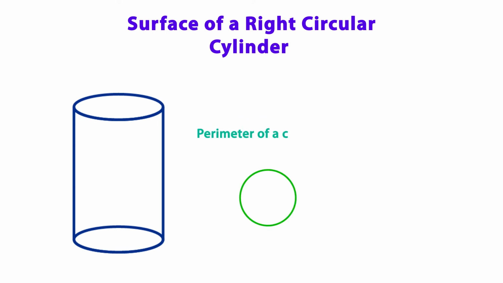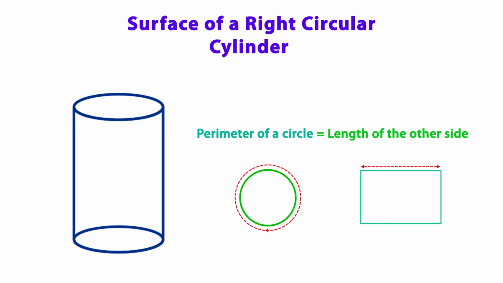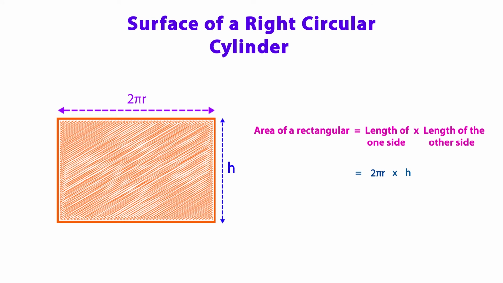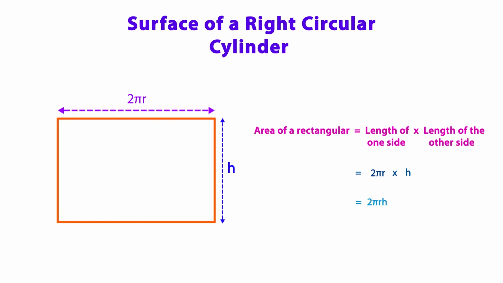Therefore, the perimeter of the circular face of the cylinder is equal to the length of the other side of the rectangle. Since the perimeter of a circle is 2 pi r, the length of the other side of the rectangle is also 2 pi r. Therefore, the area of this rectangle is 2 pi r h.